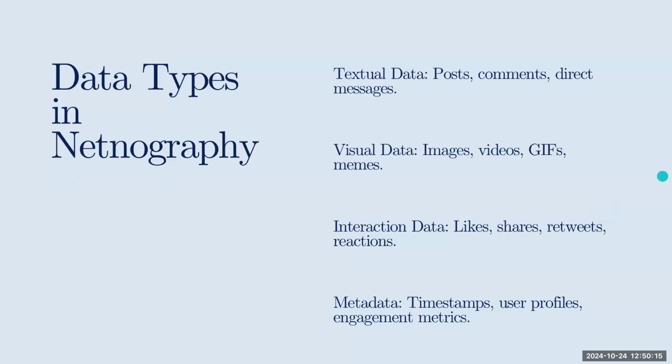All right. So types of ethnographic data, we're going to start with the textual ones. Textual data is posts, comments, direct messages, and other written content within an online community. Textual data is usually the most common of all digital communications, and it offers insight into how members express their thoughts, opinions, and emotions.